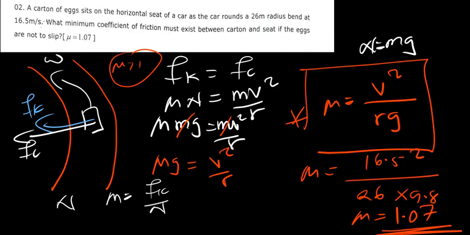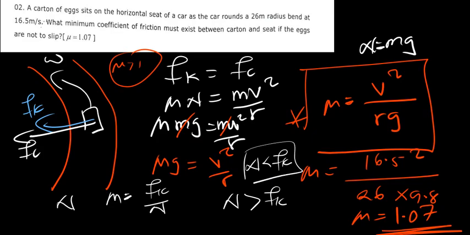In most cases, the normal force should be greater than the friction force. So if mu is greater than 1, it is the vice versa, the normal force is less than the friction force. But in rare cases, like in this case, if the question comes with the same scenario, can you answer? Yes, you can answer. Let's go back to our drum.